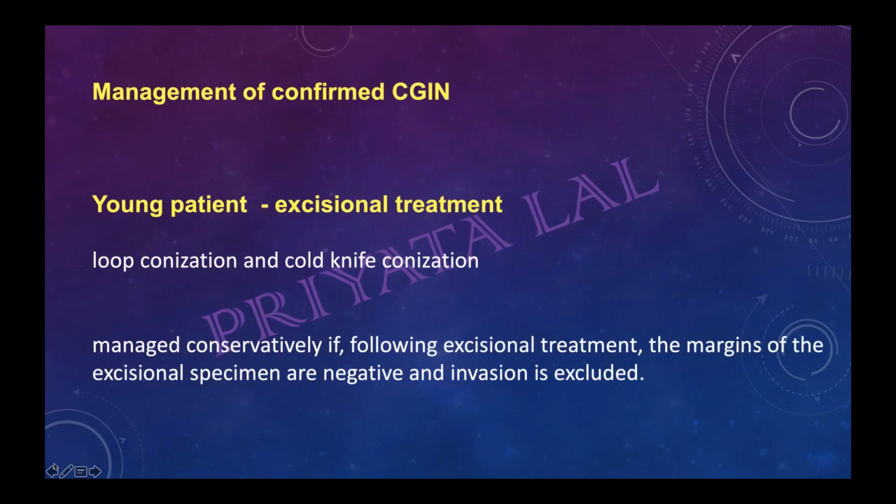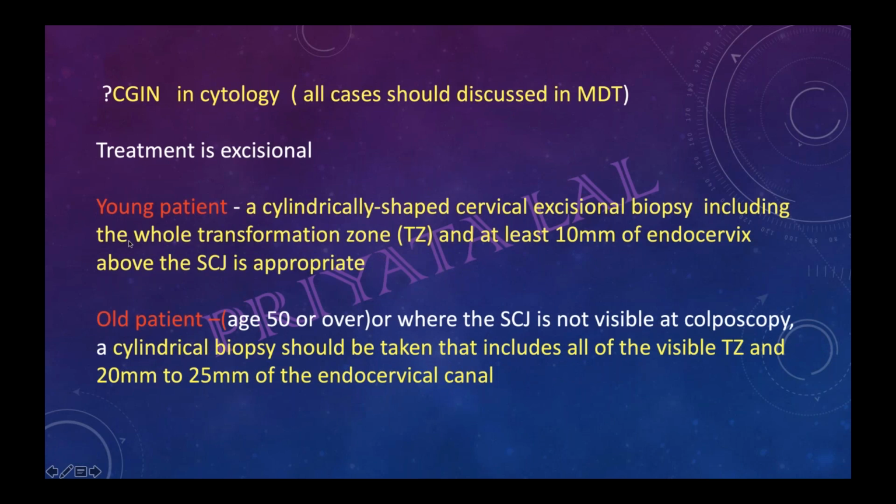I have one question, ma'am, please. Ma'am, if in a young patient, the squamocolumnar junction is not visible at colposcopy, then here there are two indications written for taking the cylindrical biopsy of 20 to 25. So if in a young patient also, the squamocolumnar junction is not visible or colposcopy is inadequate, then do we also need to remove this much or not?